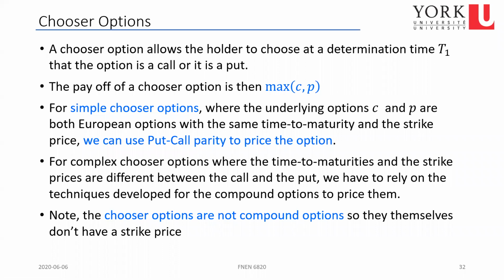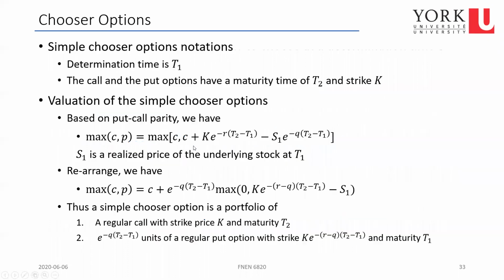So let's now determine the formula for the simple case where the chooser option becomes either a call or a put, and the call and the put are European options with the same time to maturity and strike price. Let's use the put-call parity condition to price them. First of all, some notation. We're at some time 0, and the maturity time of the chooser option is T1.